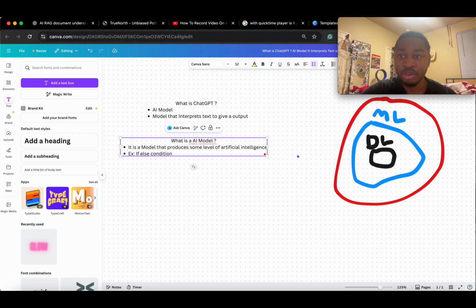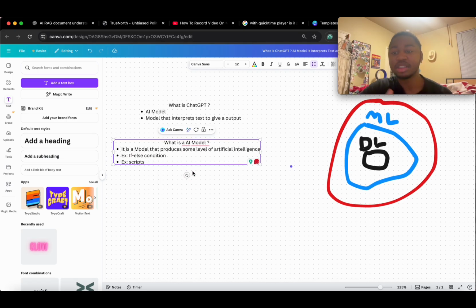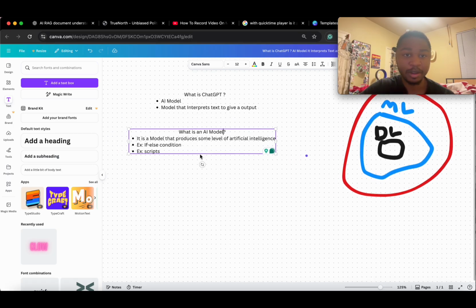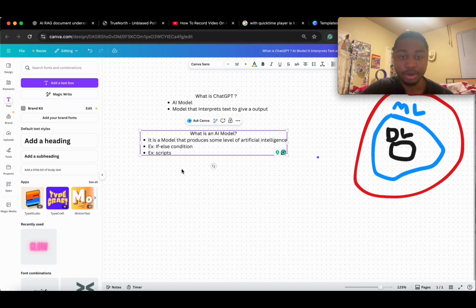It produces some level of artificial intelligence by branching out depending on whichever case it's on, right? Scripts, just simple scripts, could be a form of artificial intelligence. This is why I don't like saying AI model. I feel like it's very broad and it doesn't really get to the point of what ChatGPT and other correlated models do in particular, right? And so we could go a little bit deeper, right?